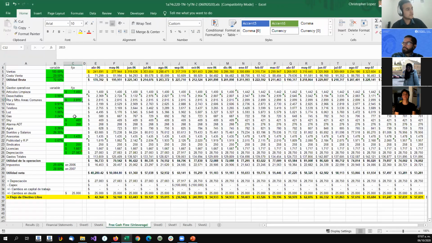You need to put as fixed at the first month and make sure that you are actually using monthly amounts. For example, here at the union fee, it's 3,000 pesos a year. So you will divide 3,000 by 12, and that's the amount you are supposed to write down here at the monthly expense.